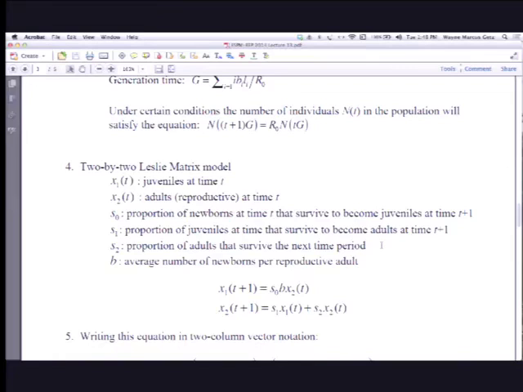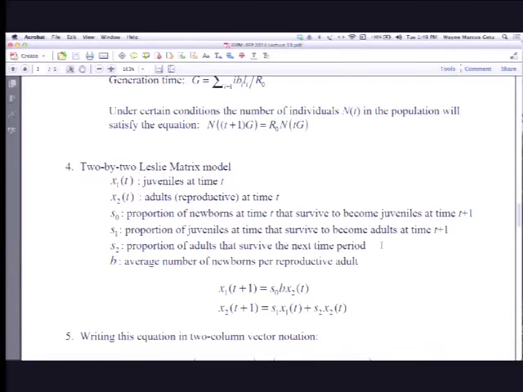And so, in a very simple model like this, we can draw a diagram that says, okay, here's x1, and here's x2. S1 represents the proportion of individuals that go from class 1 to class 2. So these are the young and these are the matures.